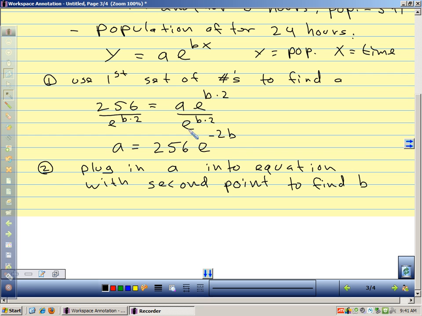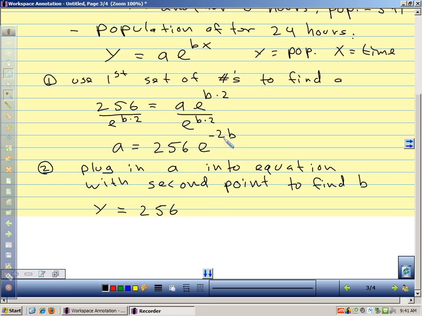So I'm going to use this equation with this as a. Before I plug my points in, I'm going to write my equation. So y equals, this is a, I'm going to put that in here for a. I'm not plugging in numbers yet. I'm just going to plug this value of a into this equation, and then we'll plug in numbers.